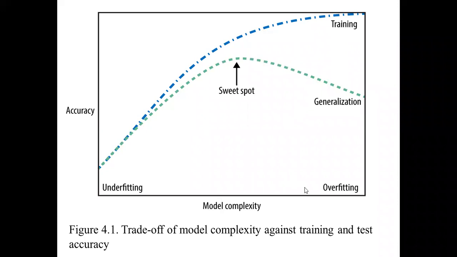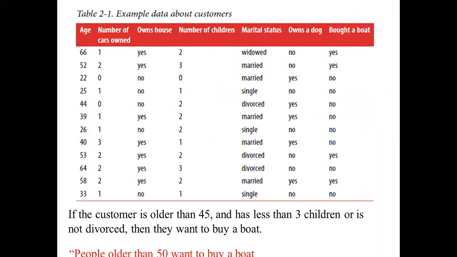Overfitting, in case of training data, my model works properly, but when it comes to the test data, it doesn't work that properly. And for this purpose, we need to design much more complex formulas. So here, this is an example I have taken, actually from the textbook.